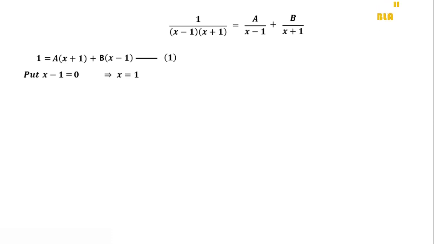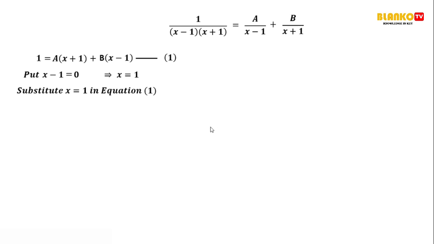So let's substitute x = 1 into equation 1, which is 1 equals A(x + 1) plus B(x − 1). Wherever you see x, we put 1.